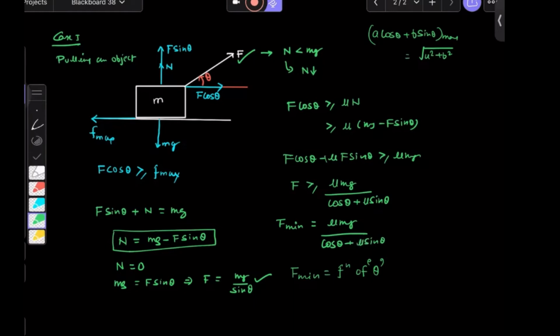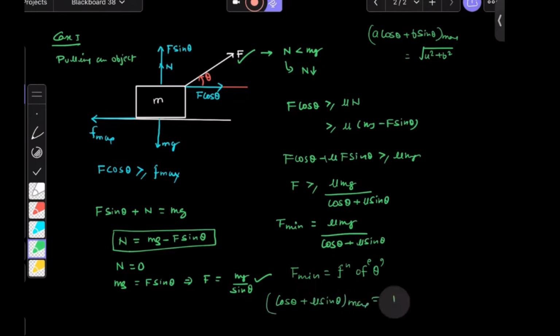So cos theta plus mu sin theta, the maximum it can become is root over 1 plus mu square, no? Correct. So when the denominator is maximum, our entire expression, F minimum, is going to be minimum.